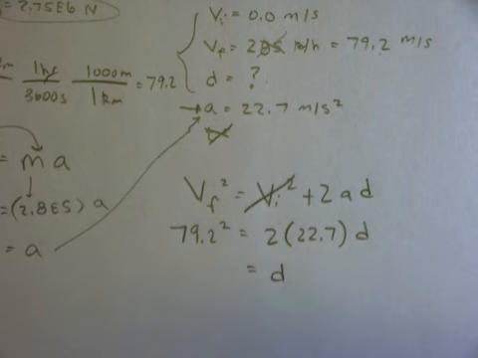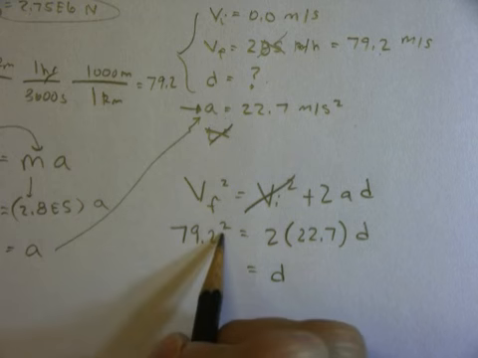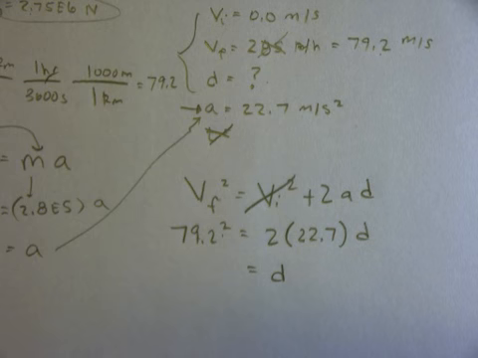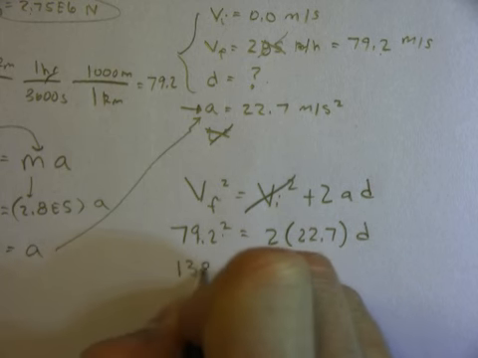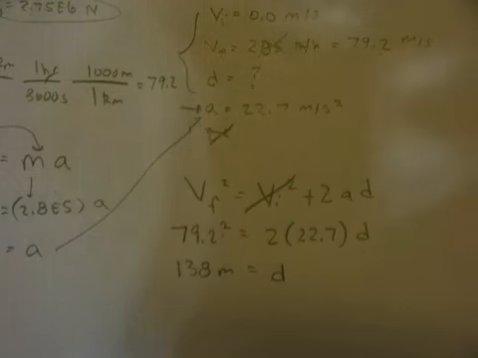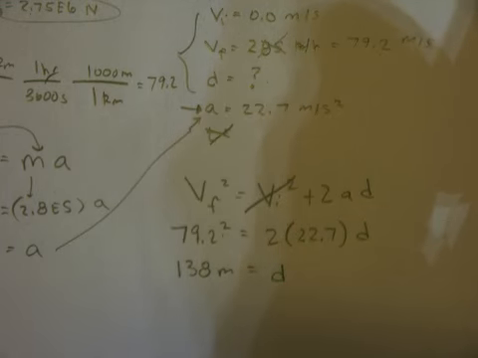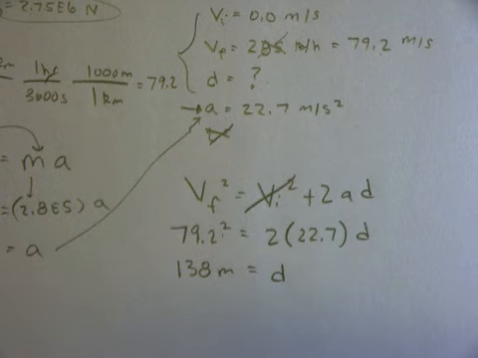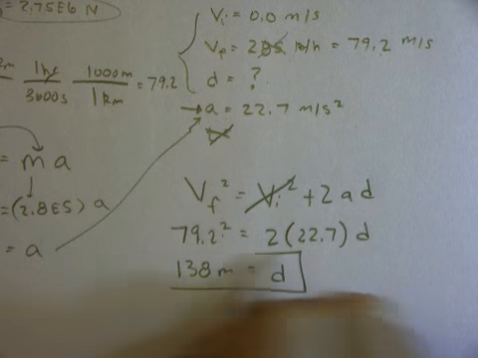So you take 79.2 and you square it, and then you divide by 2, and then divide by 22.7, and you get 138 meters. Looks like everything's got 3 significant figures, so I think we can go with 138.